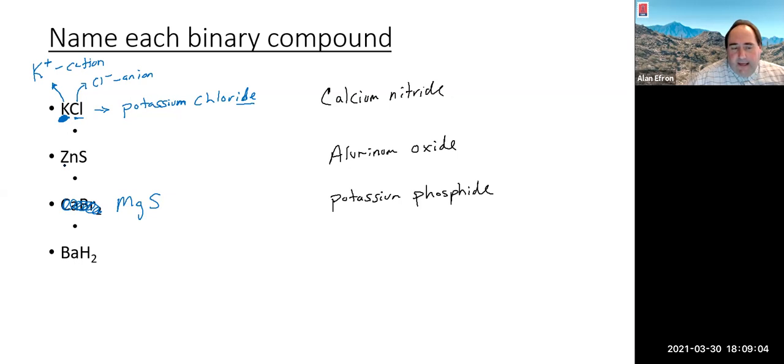Continuing down then, we got Zn as Zn, which is zinc, which is a metal. S, which is sulfur, which is a non-metal. Again, it's going to be our metal that's important. Here, though, it's not part of group 1, 2, or 3, but it is one of those transition metals that have a fixed charge, and it does have a fixed charge of a +2, and that would be our cation.